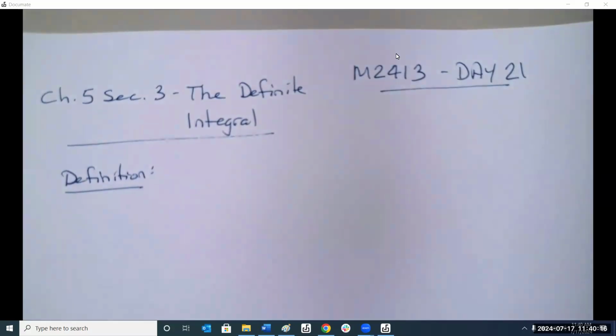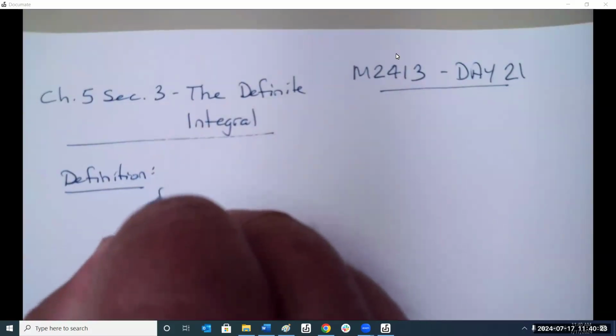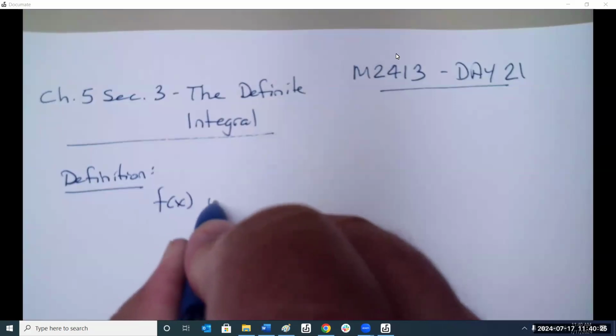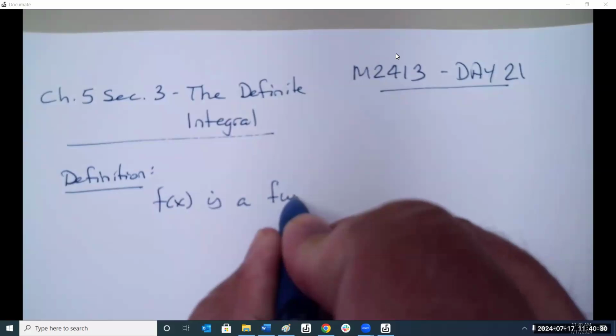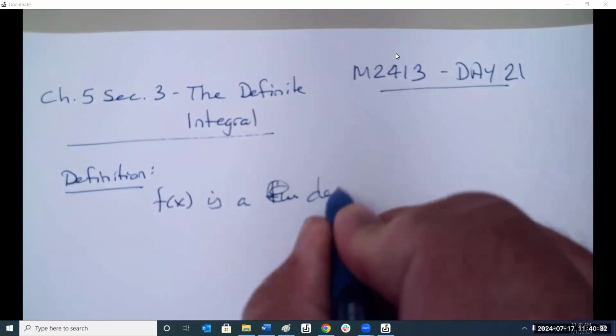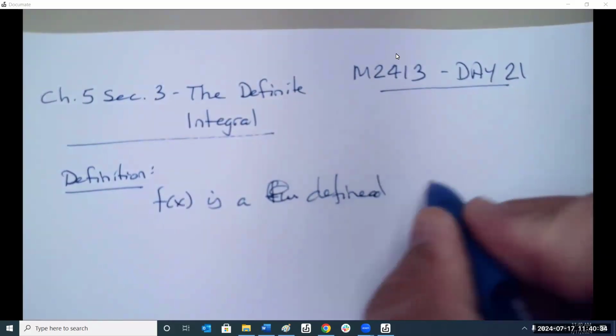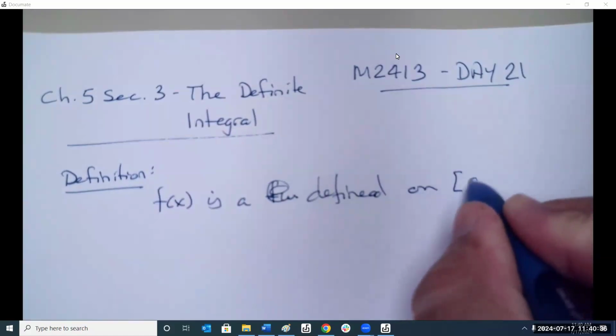Again, you don't have to write down all this stuff because you have it in your sheet in front of you. The definition: f of x is, of course, a function. It's defined on a closed interval AB.